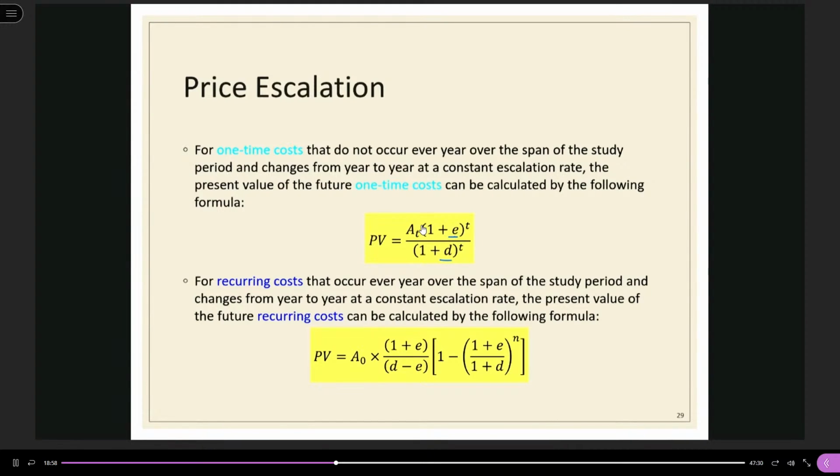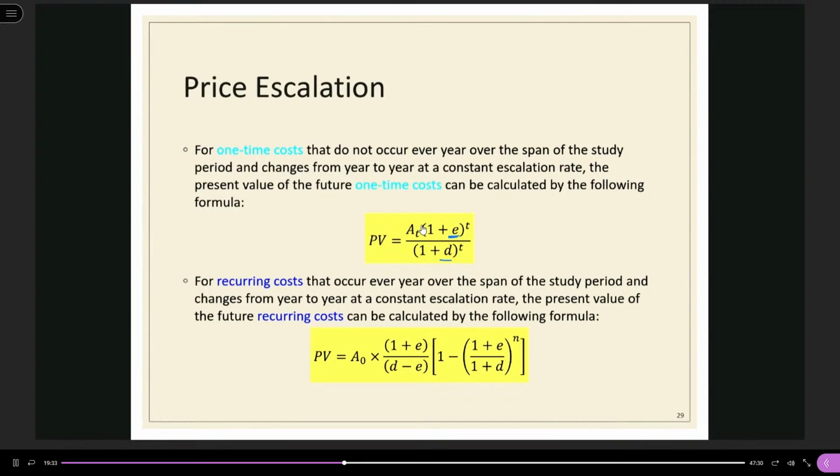This E is the percentage of price escalation larger than the inflation. Some particular price could be getting more and more expensive, at a rate faster than the inflation rate, then you can add this E. Or maybe some equipment is getting cheaper and cheaper, then this E will be a negative value.